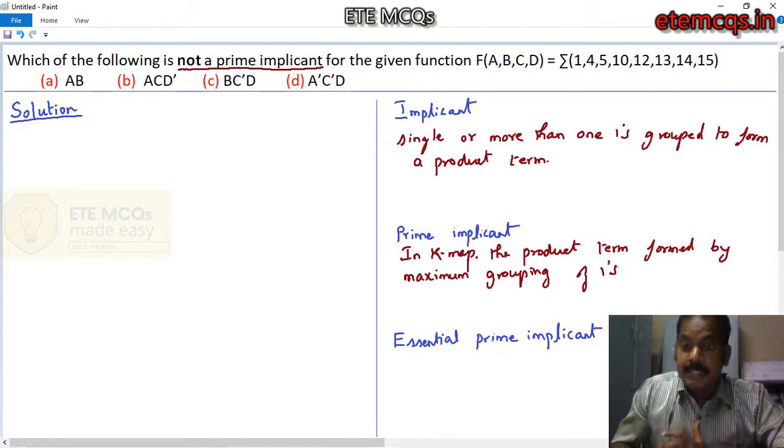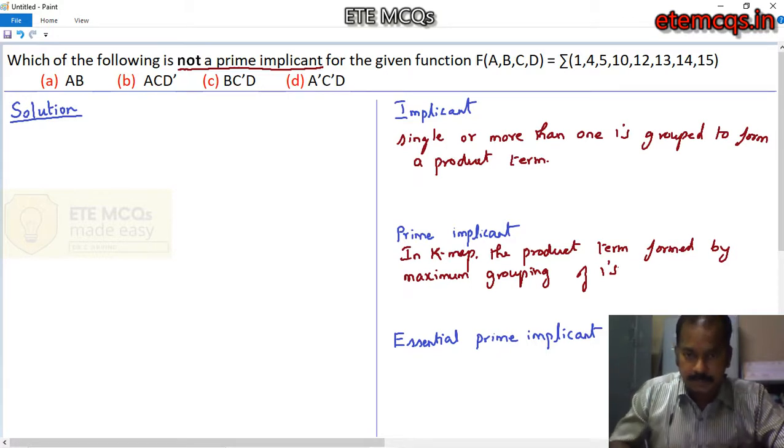Now what is the essential prime implicant? In Kmap, a particular one is grouped, it undergoes a maximum grouping and only that particular grouping can yield a product term. That product term is called an essential prime implicant.